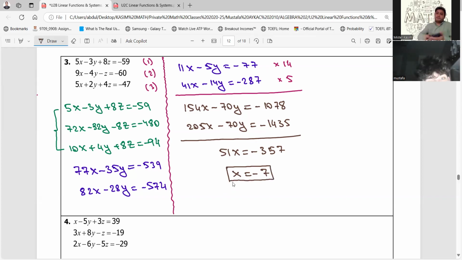Wait, we're subtracting, right? But wouldn't negative 1435 minus negative 1078 be different? I subtracted like this because 205 is greater than 154. I subtract the first one from the second one.